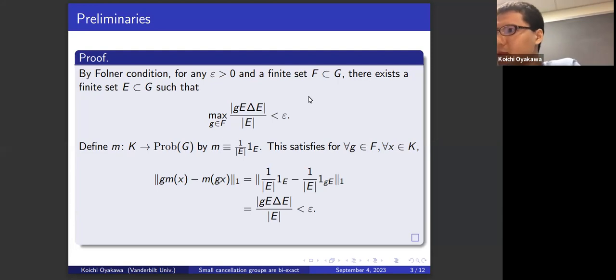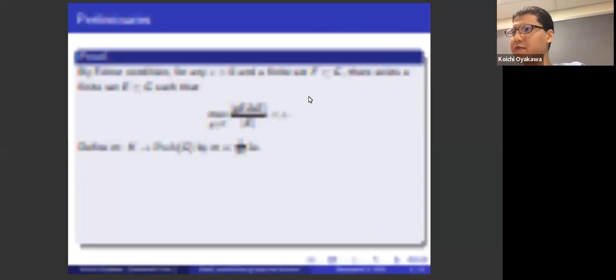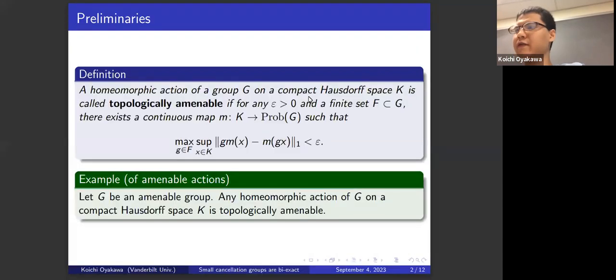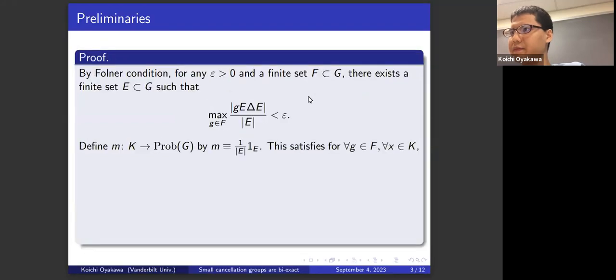And g times the characteristic function of E is exactly the characteristic function of gE. So the L1 norm of this difference is exactly the size of the symmetric difference of the Følner set, which is less than epsilon. So this constant map M gives a map for the definition of the topologically amenable action.